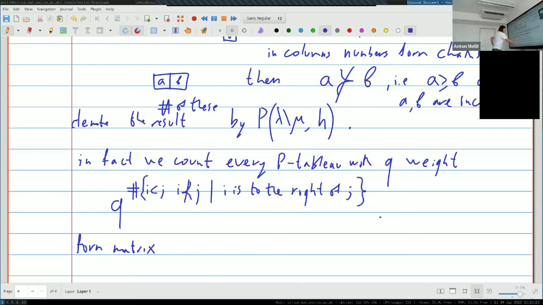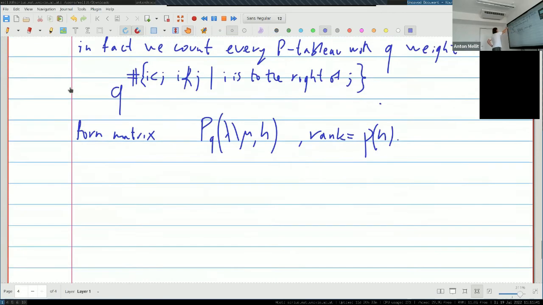Let's call this P q H, and then the rank turns out to be again the number of partitions, and that's how you should have discovered this theorem by Shareshian and Wachs.